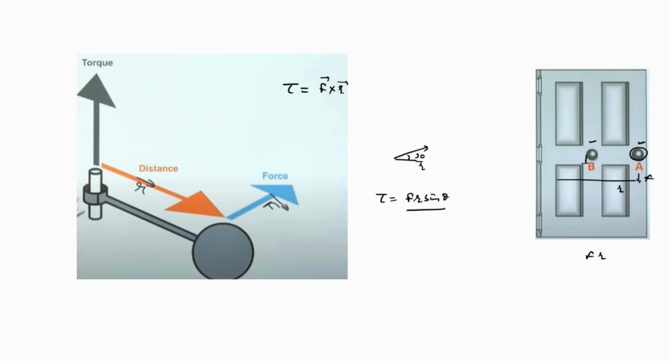If you apply the same force F at a smaller distance R1, then you will have comparatively lesser torque. That's why the door opener is placed away from the hinge; they never put it in the middle. They put it at the extreme point so as to have a greater torque.